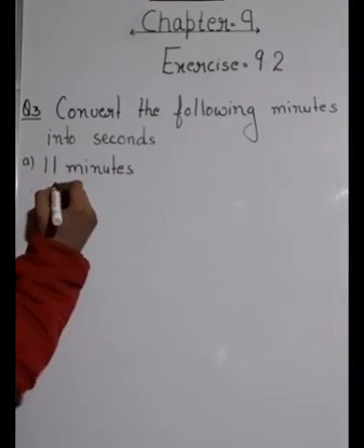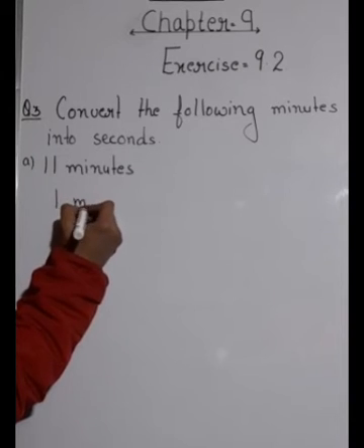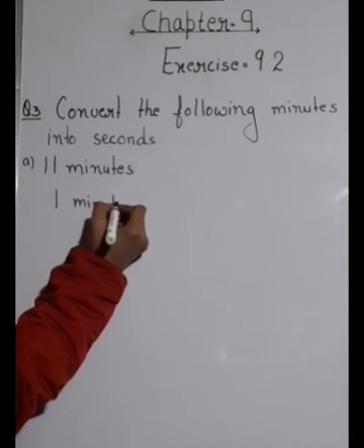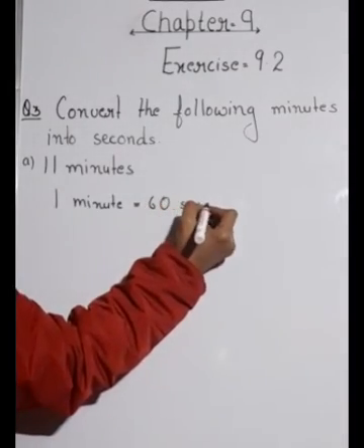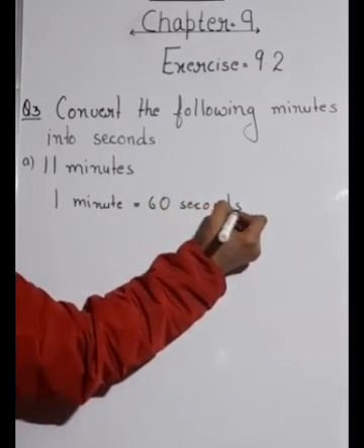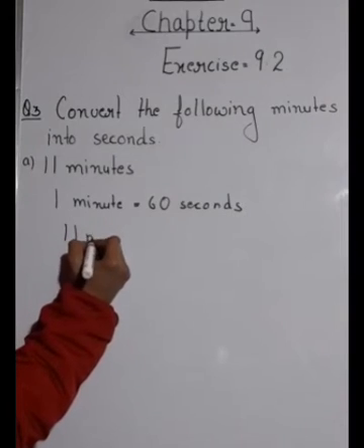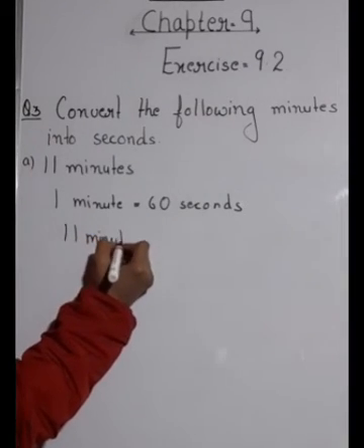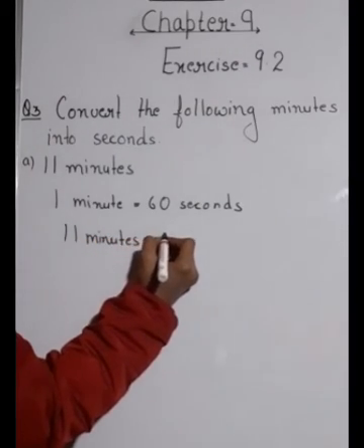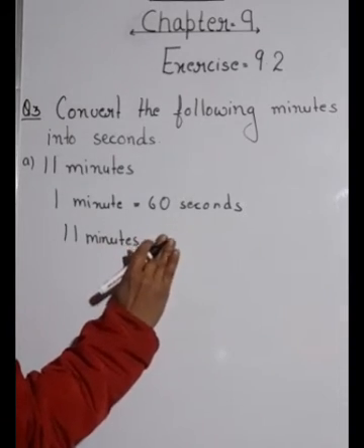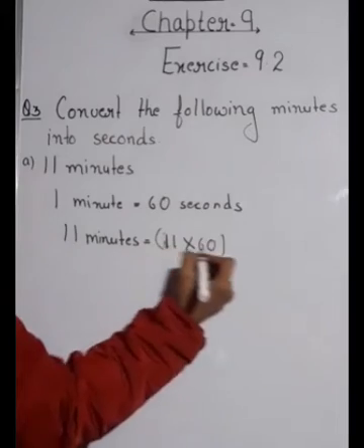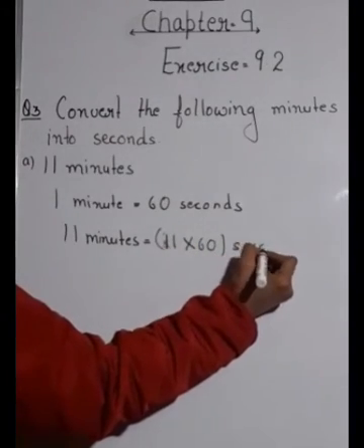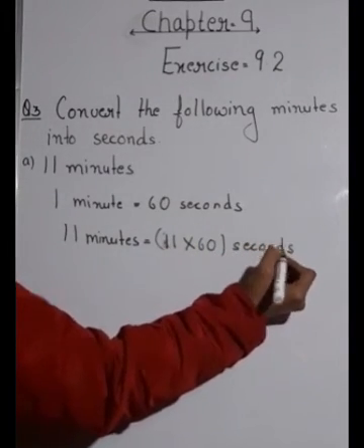So same method we will follow, that 1 minute is equals to 60 seconds. Okay. So in 11 minutes, you will be having 11 into 60 seconds. Clear?